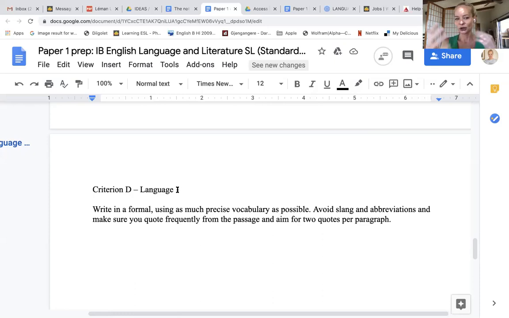And use formal language, but I can't stress this enough, because we're so used to texting and writing short messages, and there's some leeway in those formats for informal language. But for this purpose, go through, make sure everything that needs to be capitalized is capitalized, and avoid abbreviation, slang, and use formal language as much as you can, and you should be good to go.